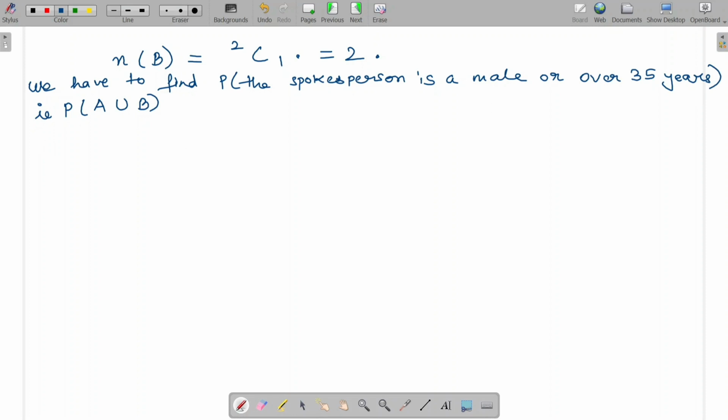So what we have to find is P A union B. Why? Because A means the spokesperson is male, union means or, and B means the spokesperson is over 35 years.